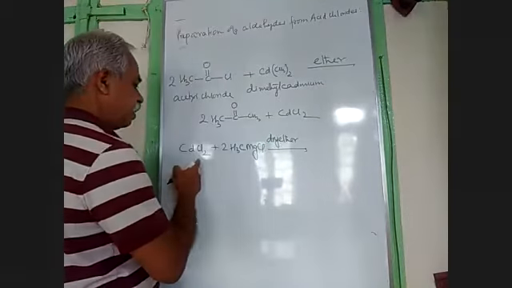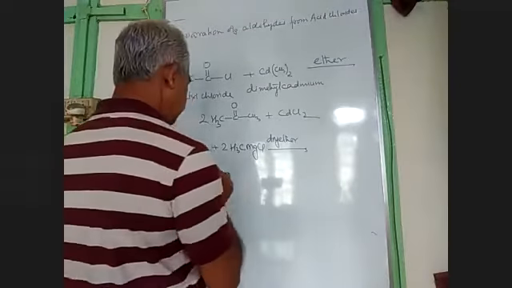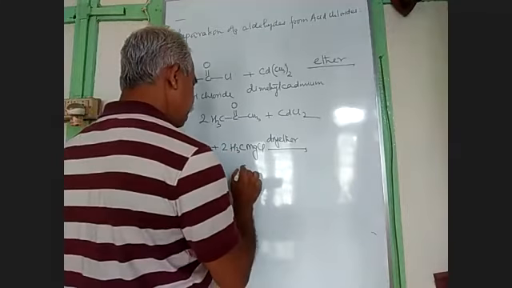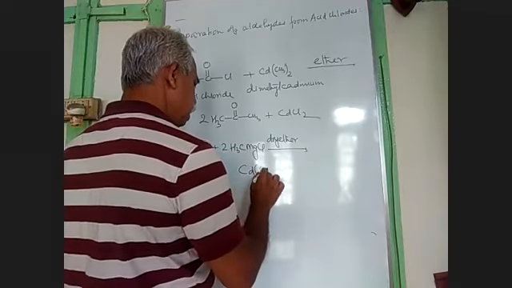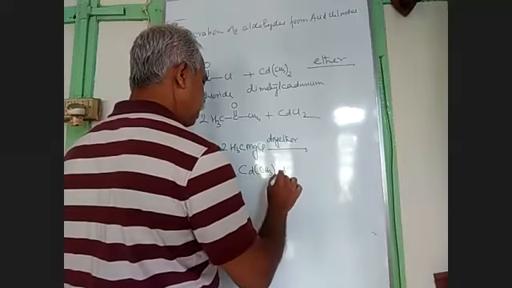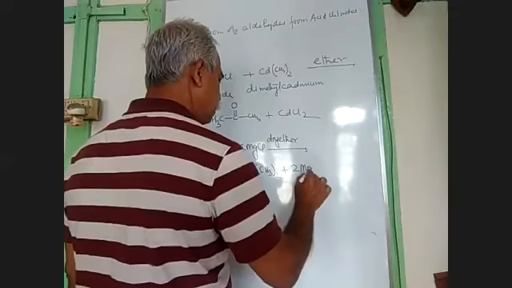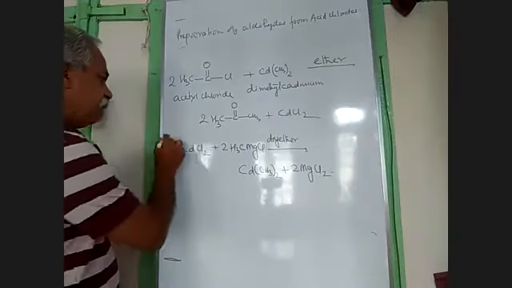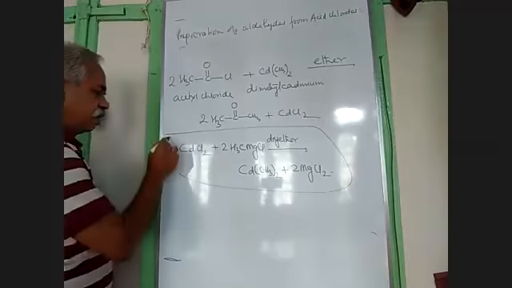In that case, there will be exchange between the chloride and methyl, and you will get here dimethyl cadmium and magnesium chloride. So this is the way we make the reagent.